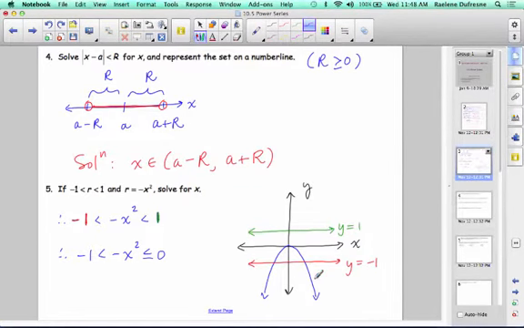And so look for the x values for the points of intersection. We have the x coordinates located at -1, 0, and 1. And so what are the x values that make the blue curve bounded between the red curve, y equals -1, and the black curve, y equals 0, or the x-axis?